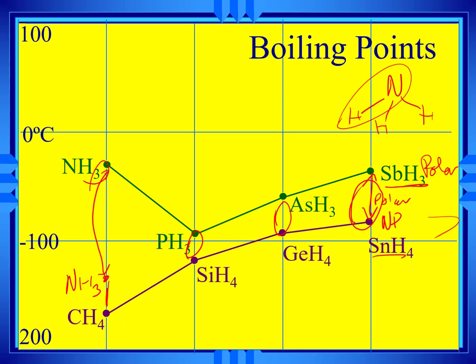So this gap here is about the hydrogen bond. The gap between GeH4 and AsH3 is because AsH3 is polar and GeH4 is not, so it sticks together a little bit better. But NH3 doesn't stick together a little bit better, it sticks together a lot better because it can hydrogen bond.